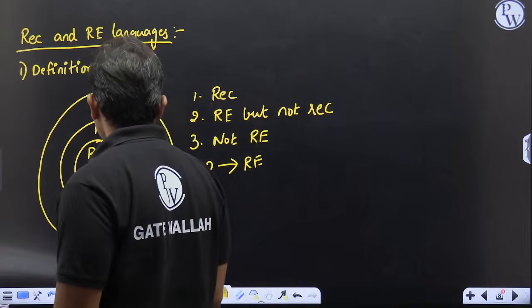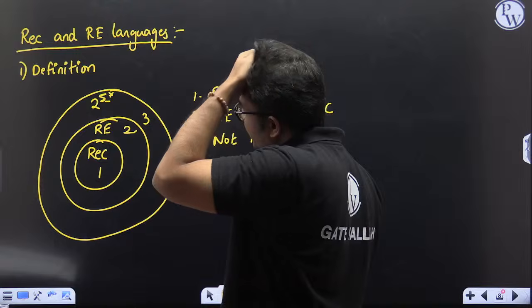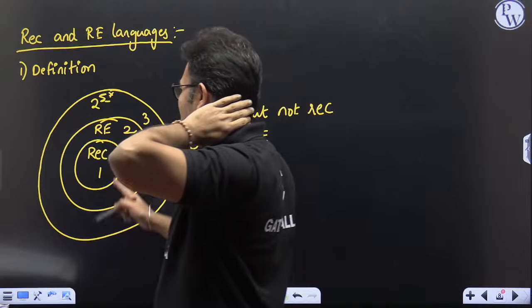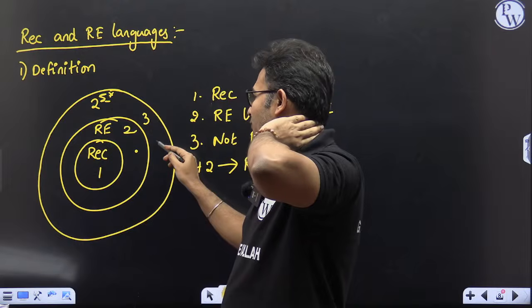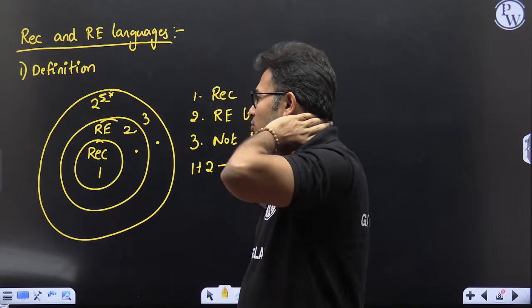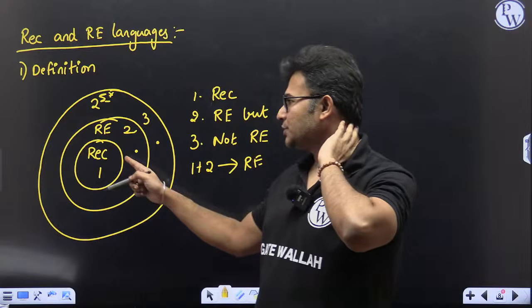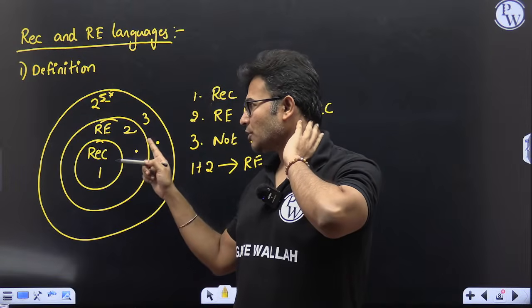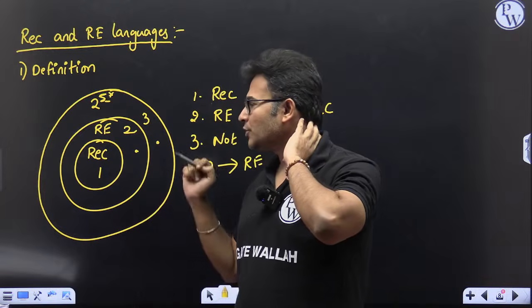Now the question is, at these 2 points, are there languages? If you are going to say that there are some languages which are recursively enumerable but not recursive, then you should show some language here.